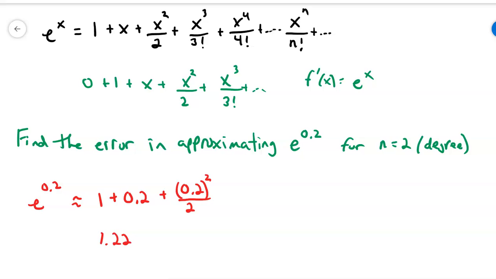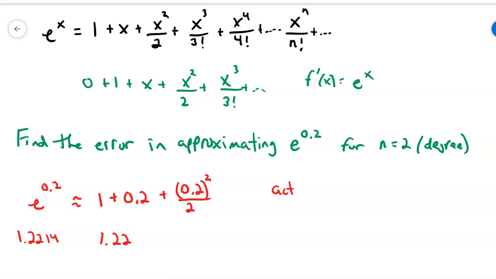Okay. Now, what is the actual value of e to the 0.2? So on my calculator, I do e to the 0.2. And I get 1.2214. Boy, that's pretty close.